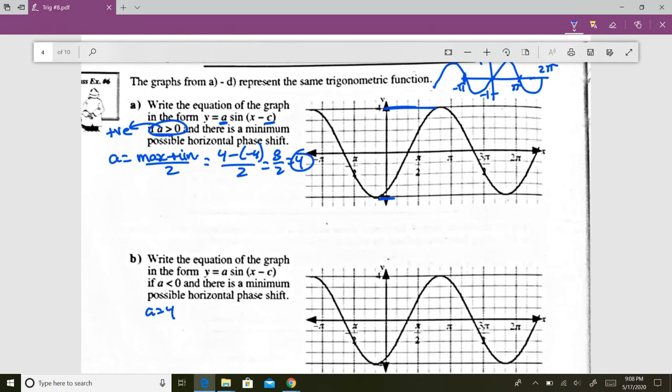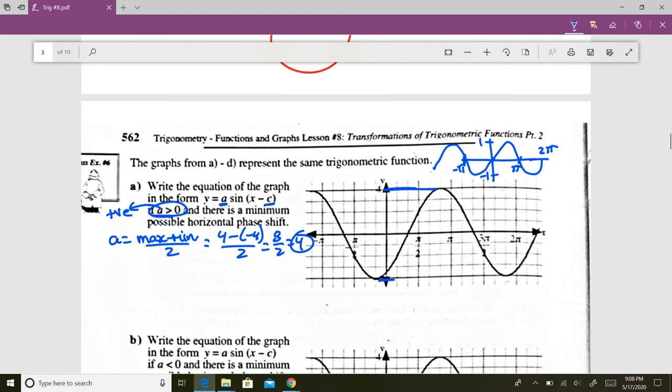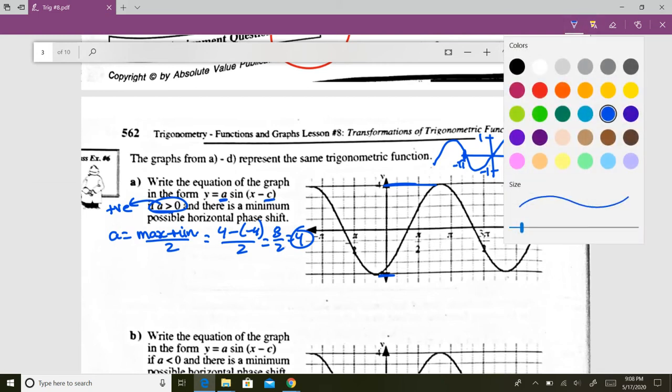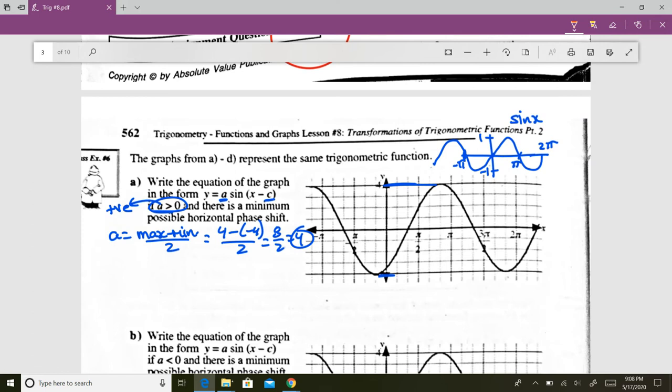So, if you look at the original sine graph, which is this thing right up here, sine of x, the key part you have to remember is, if you look at the origin, the graph is going up, and it's halfway between 1 and negative 1, right? That's the midpoint, all right? And the graph is rising.